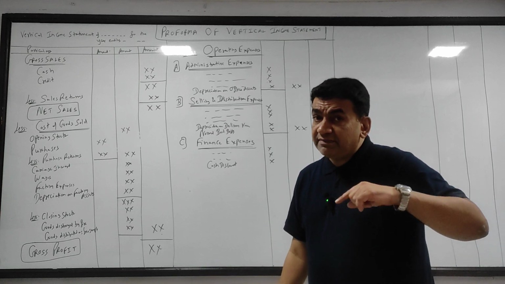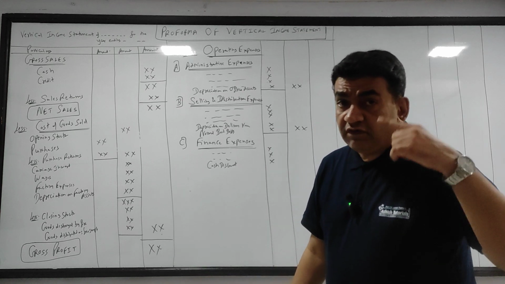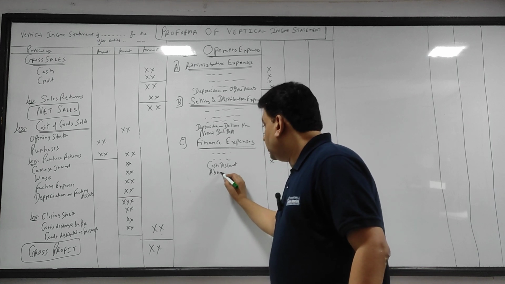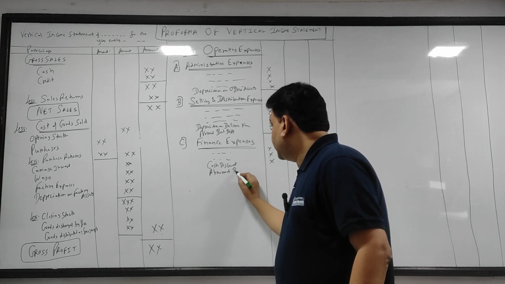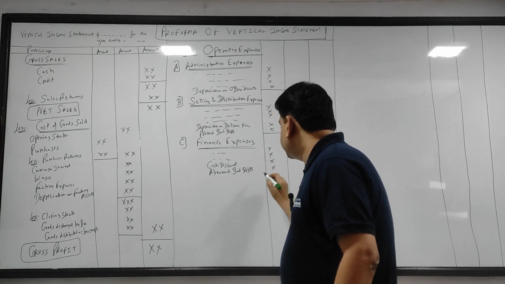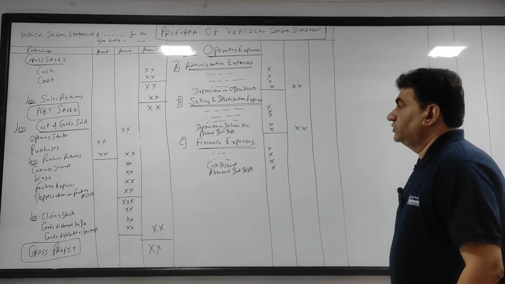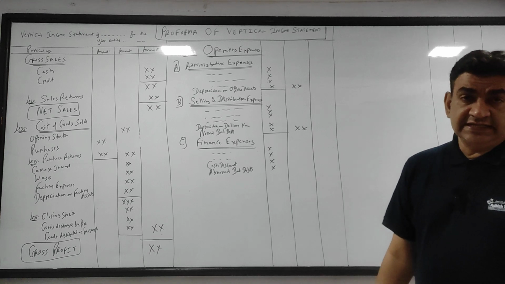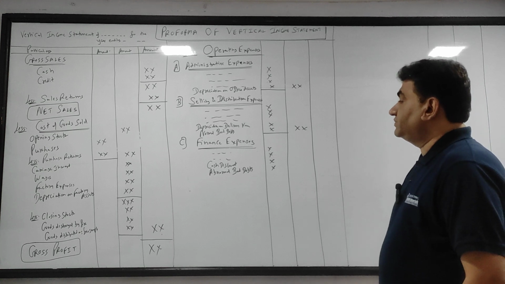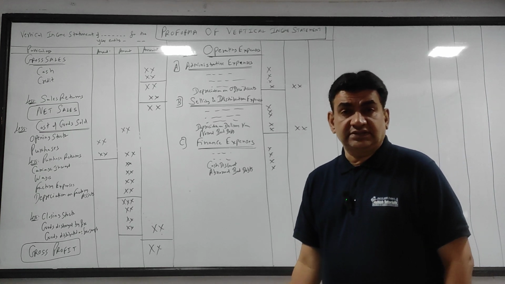But if there are bad debts over and above the normal bad debts, that is called abnormal bad debts. So abnormal bad debts will come here. So normal bad debts, selling and distribution; abnormal bad debts, finance expense.